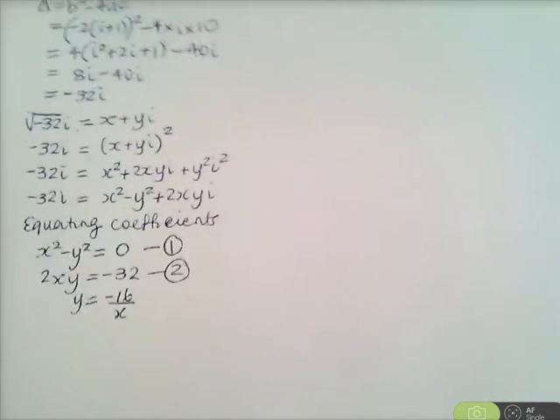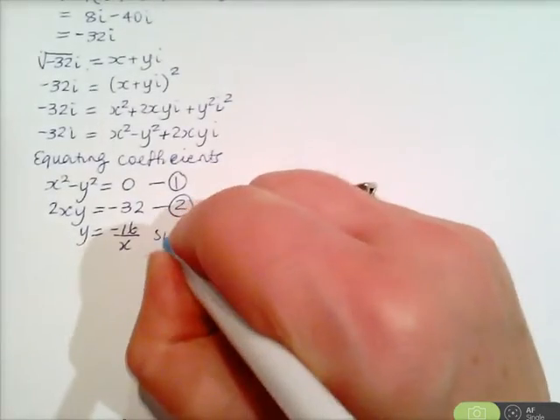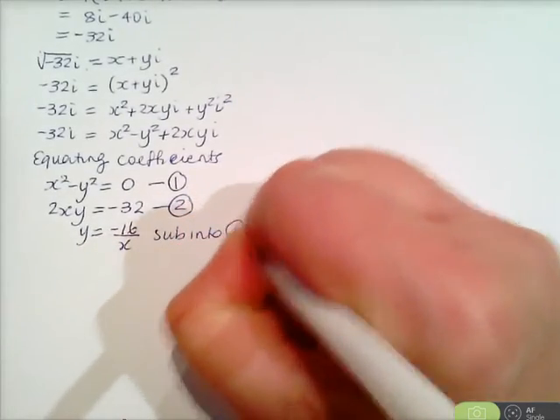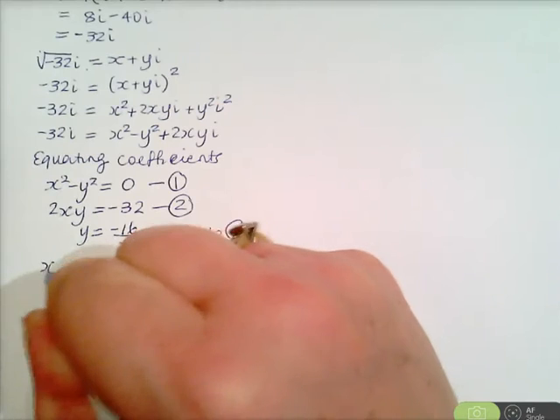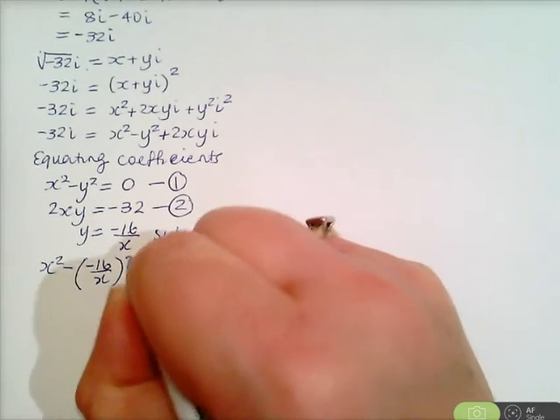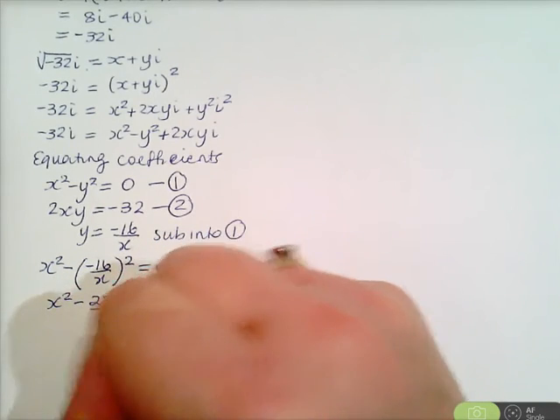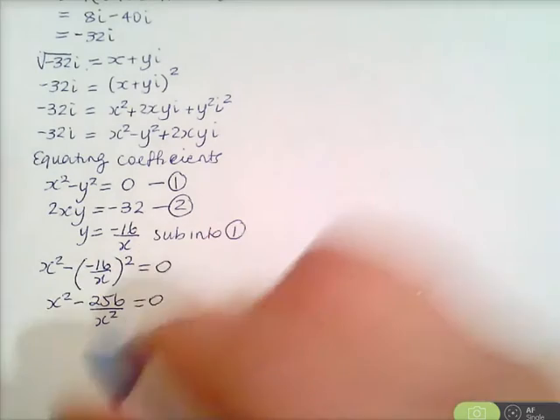Now, you can keep going. You've done this a few times already. So now you can sub that into equation 1, and you will get x squared minus negative 16 on x, squared, equals 0. So x squared minus 256 on x squared equals 0.